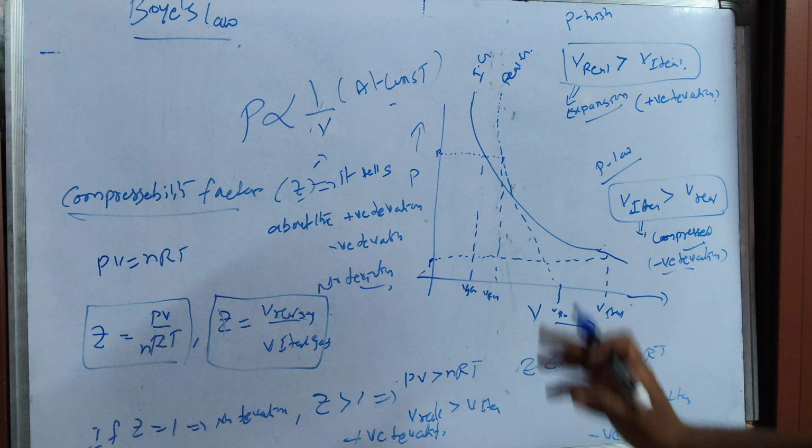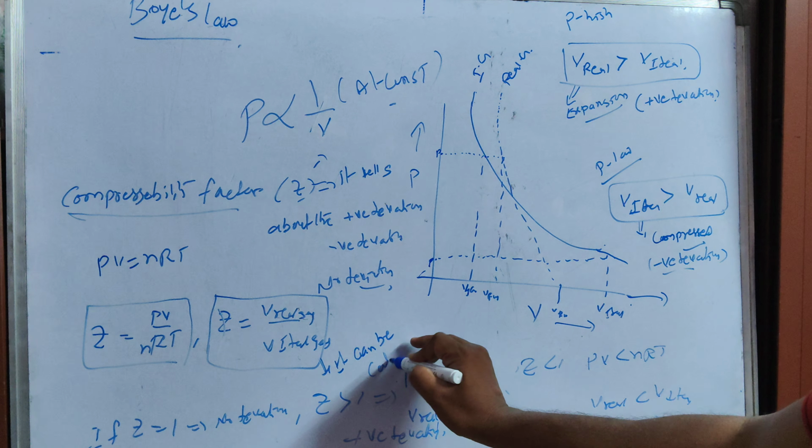Next, I have written the formula Z is equal to V real gas by V ideal gas. V ideal gas can be calculated.